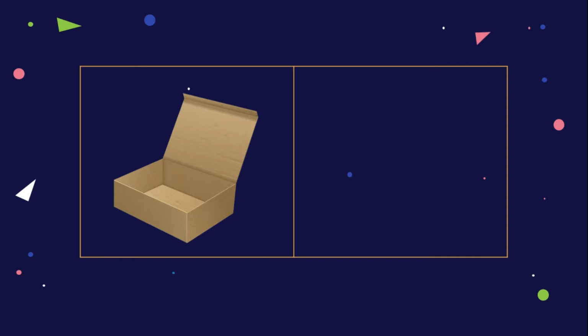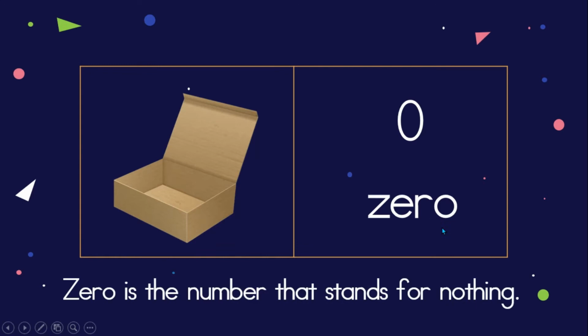Now, what number would represent nothing or an empty set? Very good. It's the number 0. So this will be the numeral for 0, and this will be the number word, spelled as Z-E-R-O. Okay? Again, 0 is the number that stands for nothing.